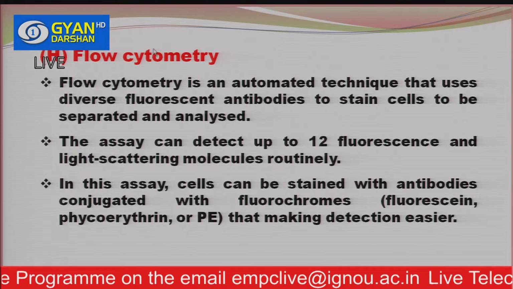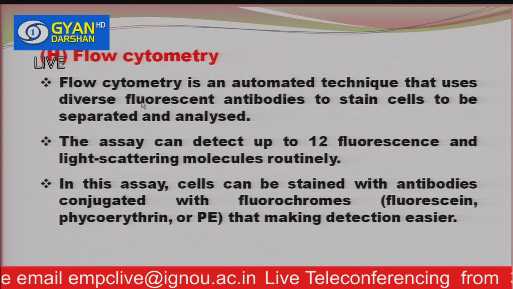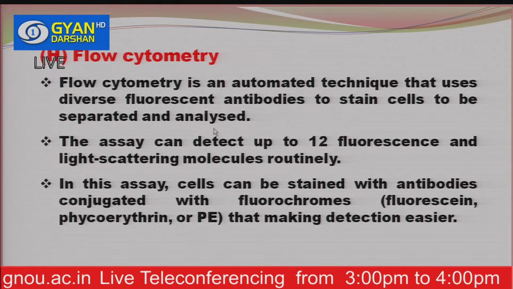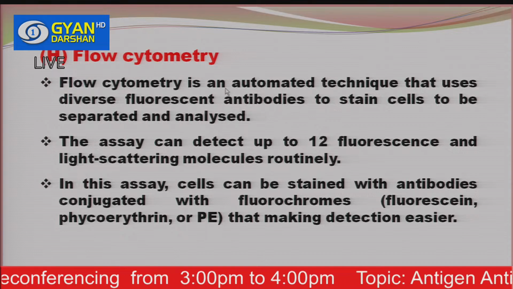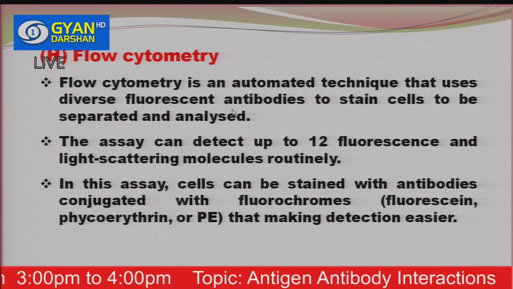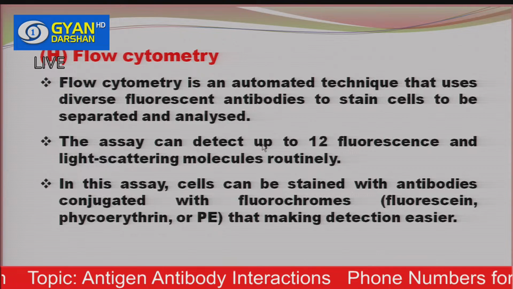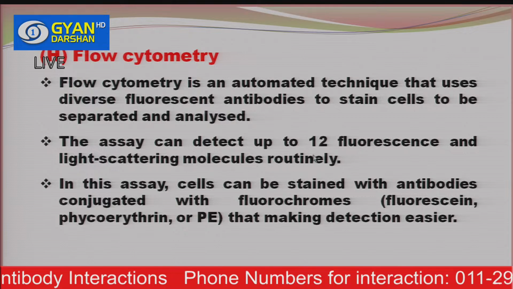Another technique is flow cytometry. Flow cytometry is an automated technique that uses diverse fluorescent antibodies to stain cells to be separated. In this case, we can measure the concentration of the cells. The assay can routinely detect up to 12 fluorescence and light scattering molecules.